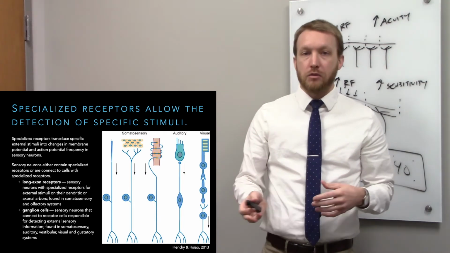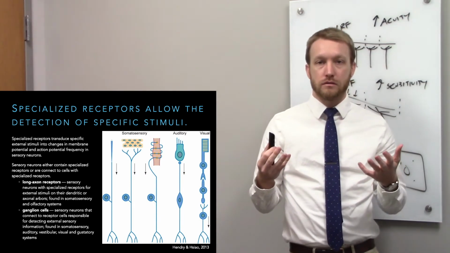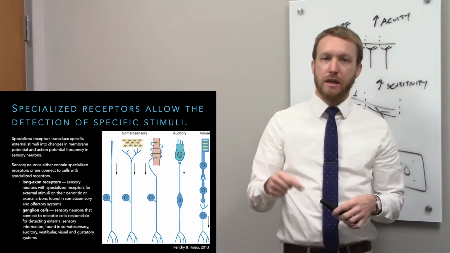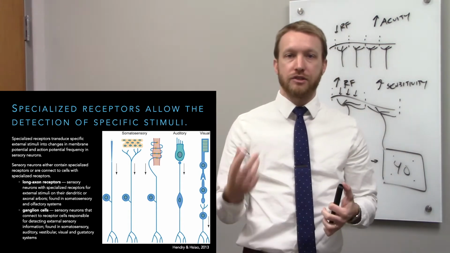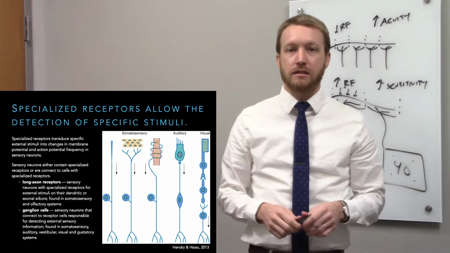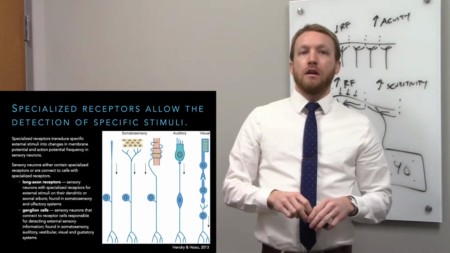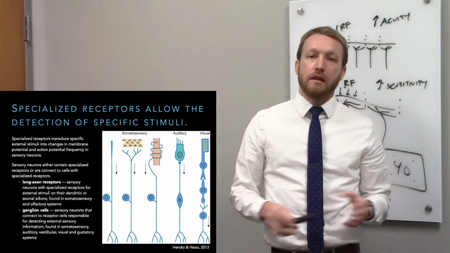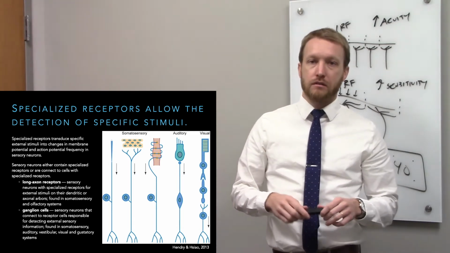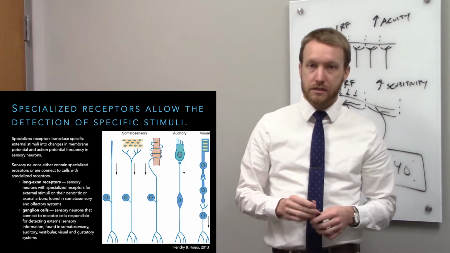Now the different sensory modalities are going to have different types of sensory receptors. Now these receptors could be specialized channels or metabotropic receptors on the axons themselves. So these would be what we call long axon receptors. You'll see these in the somatosensory system, particularly with nociception. You'll see this in olfactory systems.